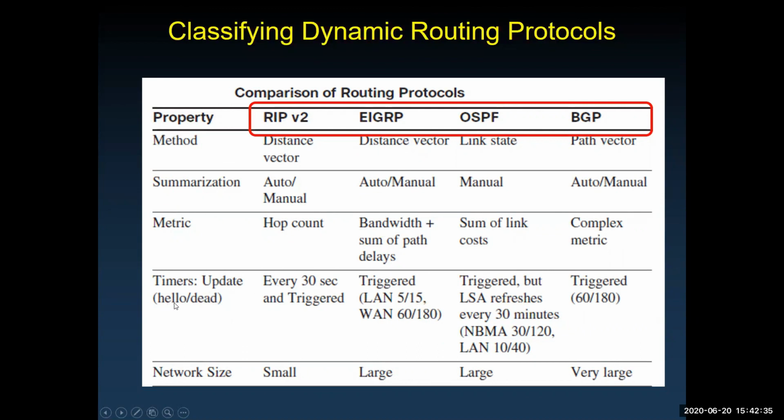Hello naman, he's saying he would like to send an update. So sa RIP naman, version 2 every 30 seconds. EIGRP every 5 seconds sa local area, pero pag WAN, 1 minuto. Sa OSPF, triggered or every 30 minutes.